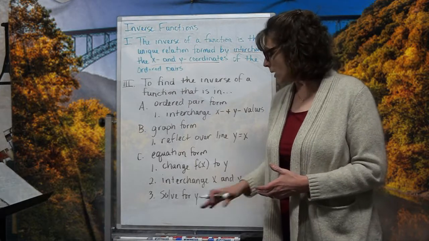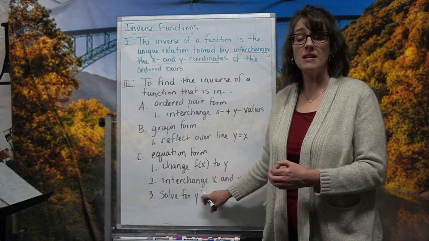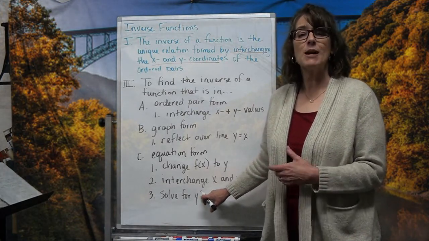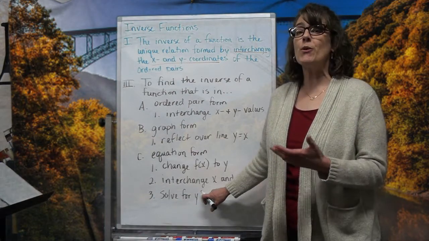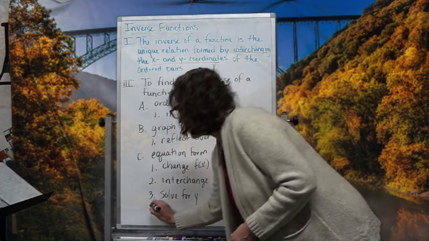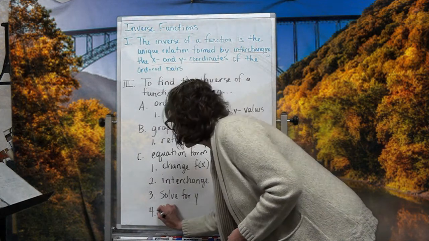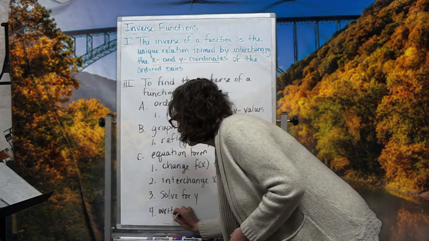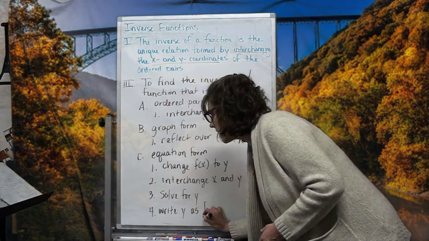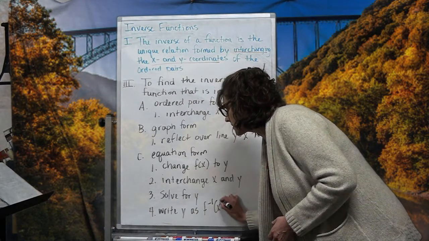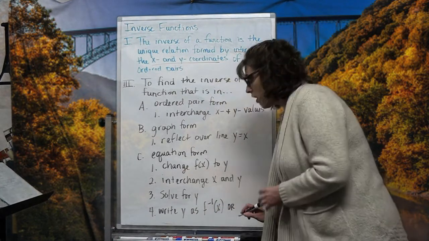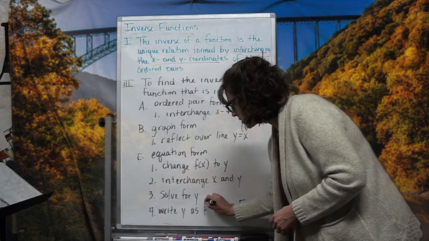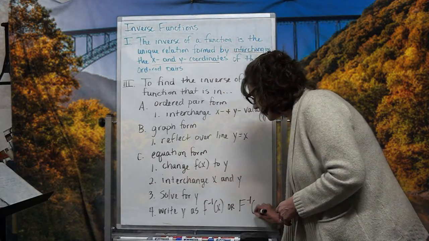But once I've solved for y and have that y by itself, I don't want to call it f of x because that was my original equation. But if I want to keep function notation, then I'm going to write that y as f inverse of x. Or if I started off with a capital F, because this is a lowercase f, it would be capital F inverse of x.